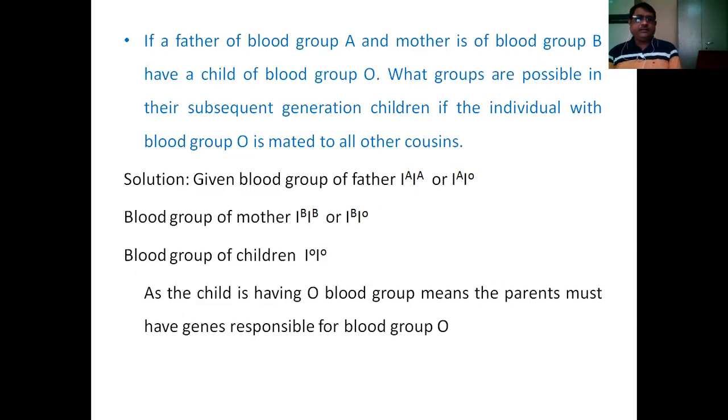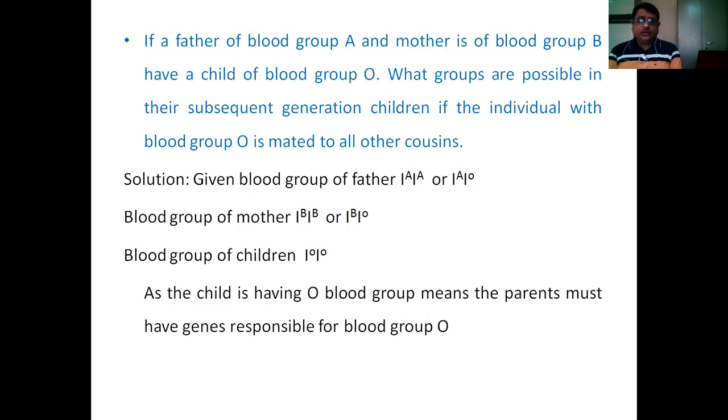Then the third example is, if a father of blood group A and a mother of blood group B have a child of blood group O, what groups are possible in their subsequent generation of children if the individual with blood group O is mated to all of his cousins?